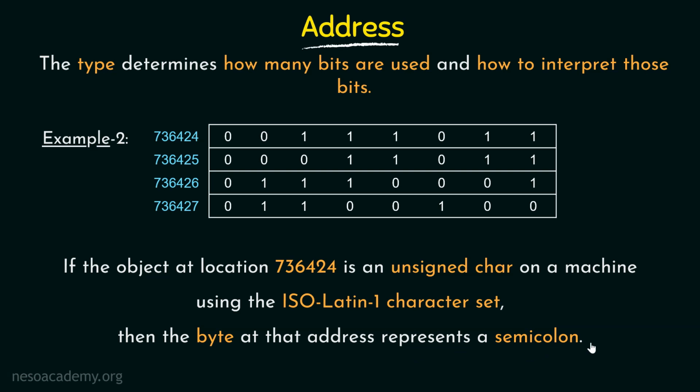Now what do we mean by this? Let us try to understand what this actually means. So as I said, we are starting at this and these are the bits that we have. So there are 8 bits which make up this byte. Now we have to convert these bits into decimal format and then we will see what it means. So let us first convert this one to its decimal format. So the byte is 00111011.